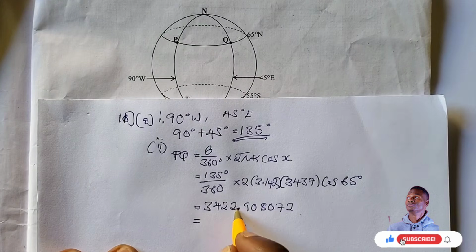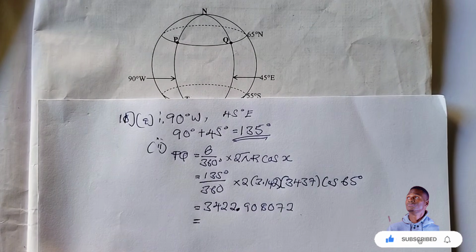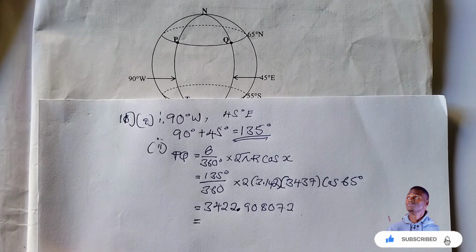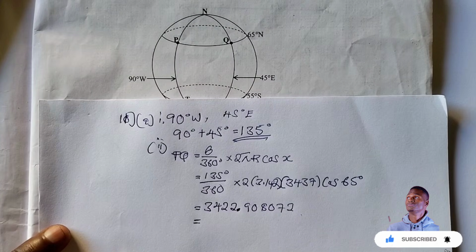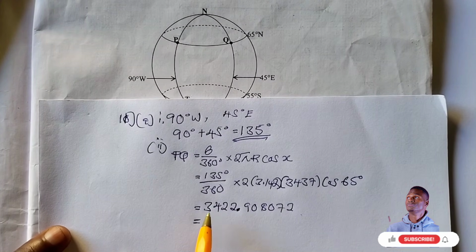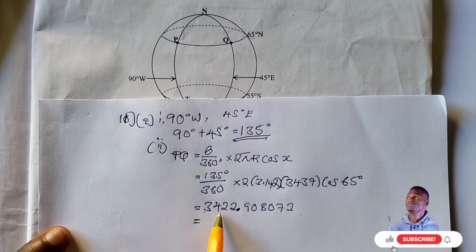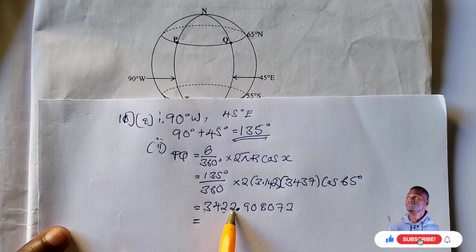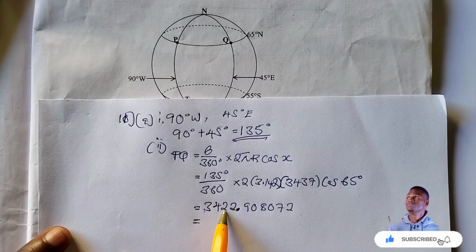What does the instruction state? If the answer is not a whole number, we leave the answer in 3 significant figures. When you count, this is 1, 2, 3. These two will drop, since this is less than 5, we can't add anything to this one.